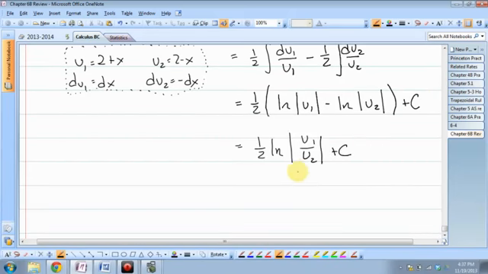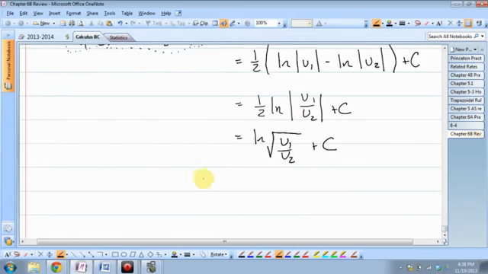Okay, and I'm going to apply that square root now. Natural log of the square root of u1 over u2. Remember, even-powered roots are handy here because they make the absolute value go away. The range of a square root function is always positive.